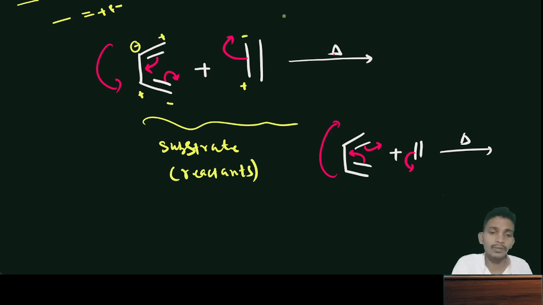Now how will the transition state form? Here a cyclic transition state forms.